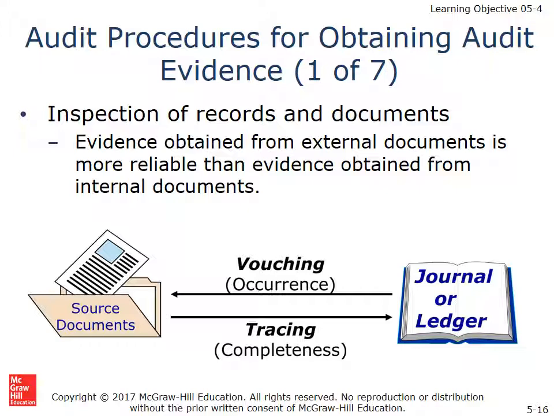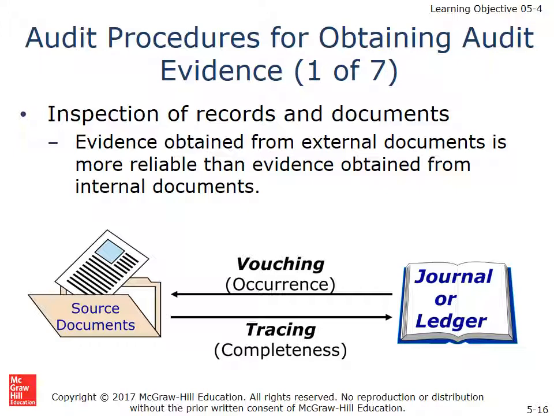How do we do that? And this is testing for occurrence. We go from the journal back to the source document, the sales invoice, the check, whatever it may be. That proves it occurred. So occurrence is tested by vouching from the ledger to the source document.